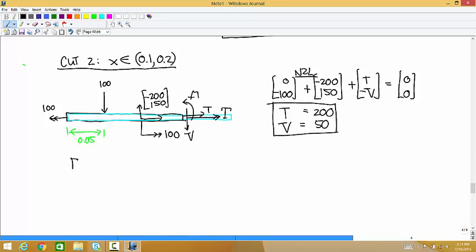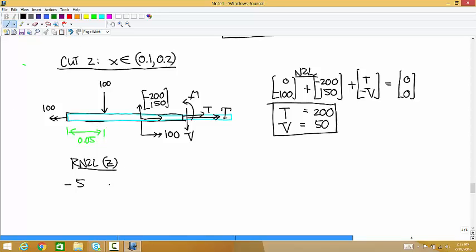And then the moment equation about the z-axis. We have 100 times 0.05, and that's a clockwise moment, so negative 5. Then the upward force of 150 has a moment arm of 0.1.